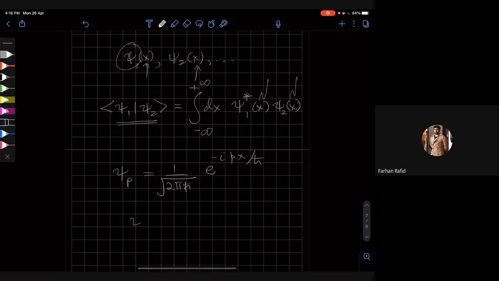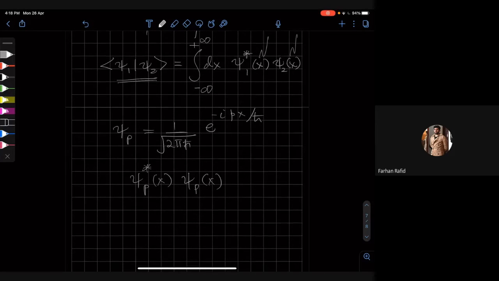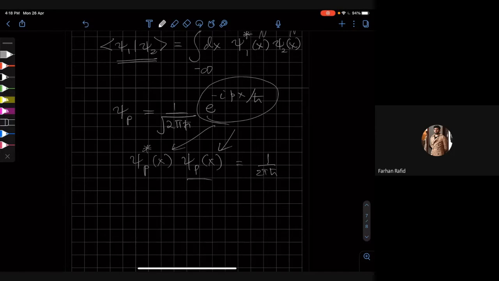Now, if I take psi p of x star with itself, this has an exponential like this, and this has the complex conjugate. Those are phases, so they cancel out. So this is nothing but 1 over 2 pi h bar. If I do the integration from minus infinity to plus infinity, I get infinity, a divergent integral.